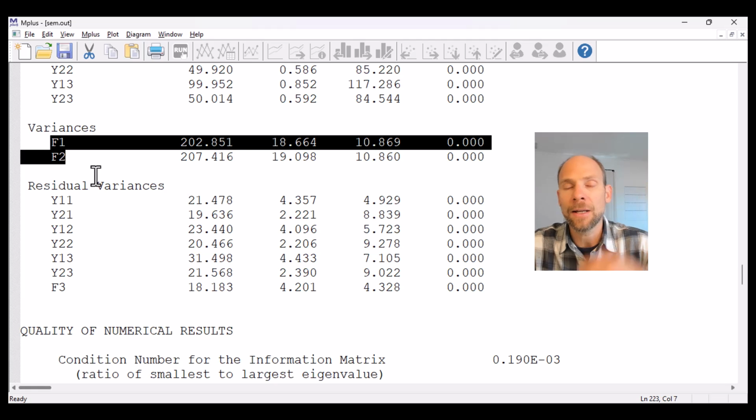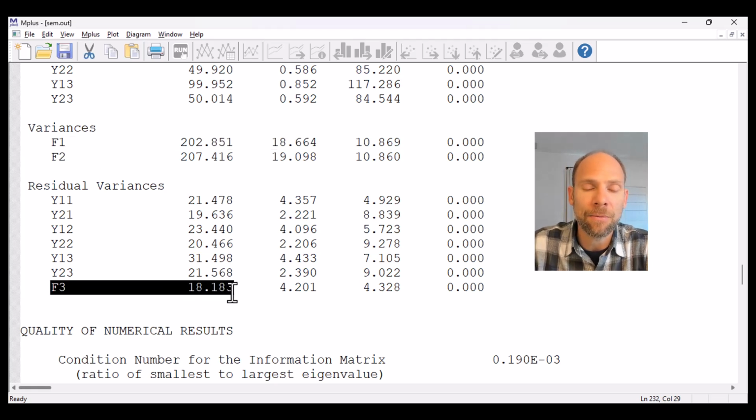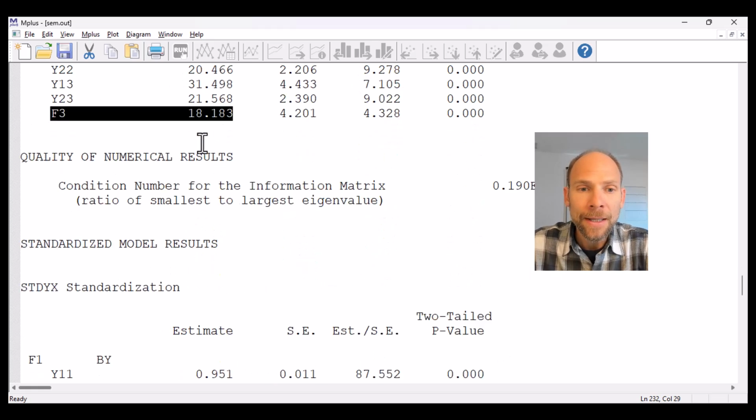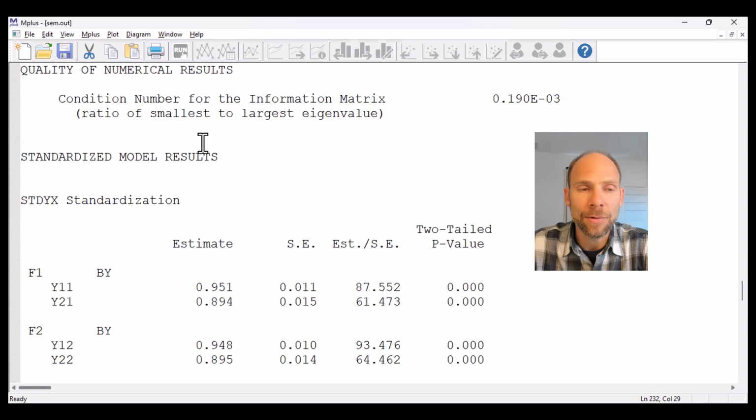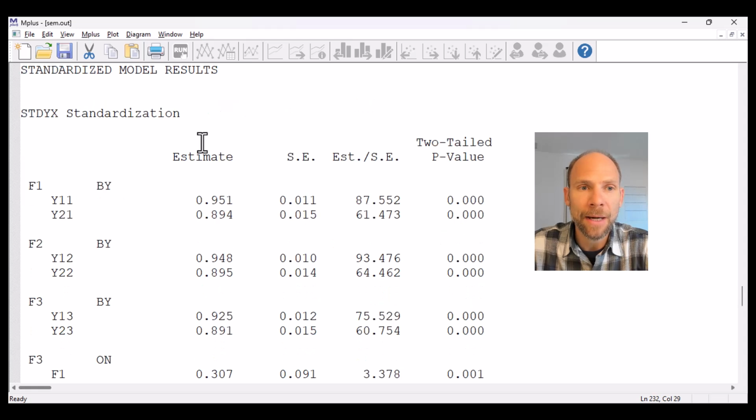It's predicted by F1 and F2 plus the residual variance. So the variance of F3 itself is not estimated. Instead, its residual variance is estimated. So this is the variance that remains in F3 after accounting for the linear association with F1 and F2. Now, let's take a look at the standardized model results, which are also provided by Mplus.